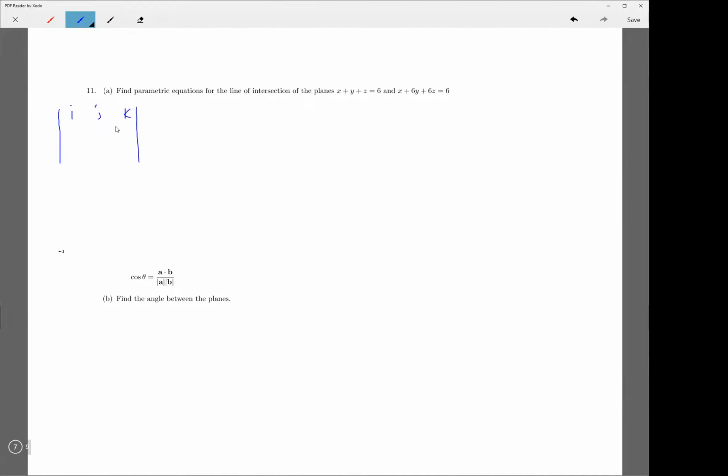So you're going to take the cross product of these two. Okay, so this is 1, 1, 1, and that's 1, 6, 6. That's going to give me 6i plus j, and then plus 6k, and then subtract k and 6i and 6j.